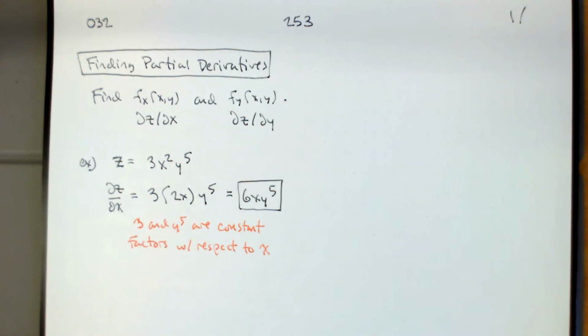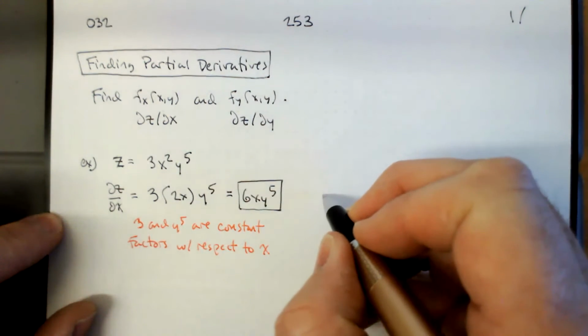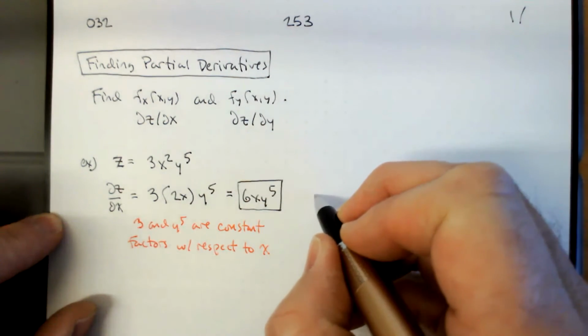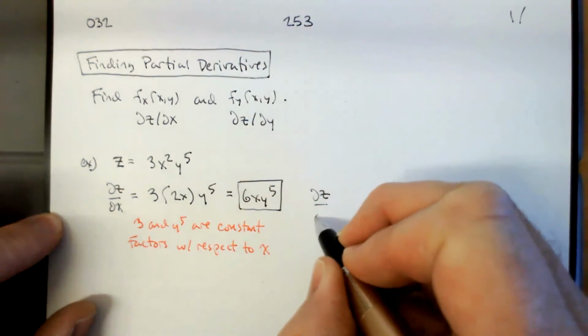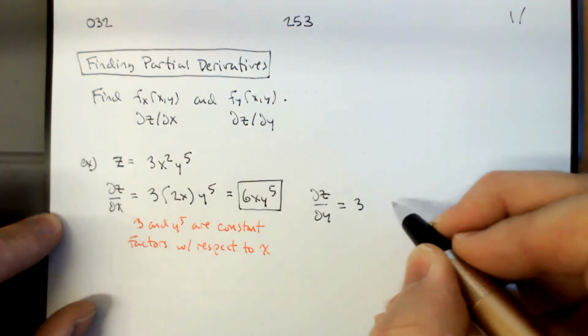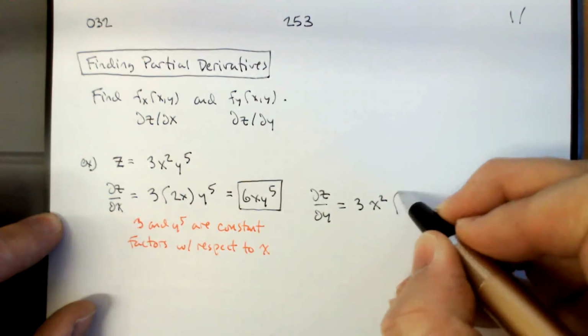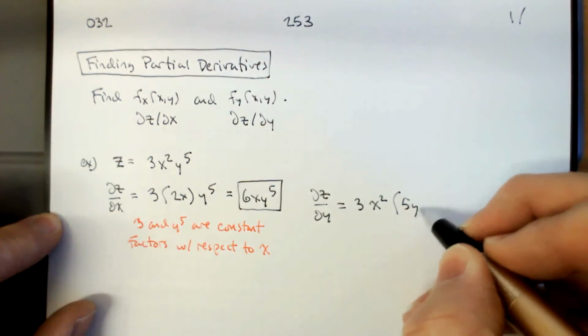We'll do the same thing for the partial of z with respect to y. We'll identify what the constant factors are and just take the derivative of the variable factors. So the partial of z with respect to y, 3 is a constant factor, x squared is a constant factor, the derivative of y to the fifth is 5y to the fourth.